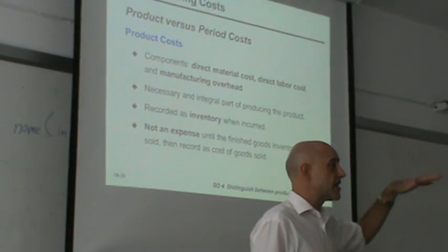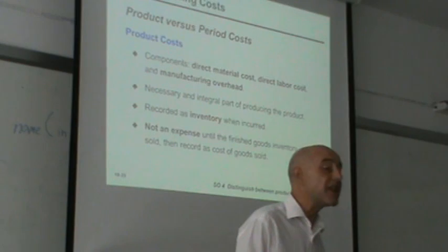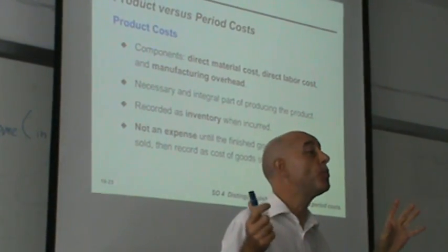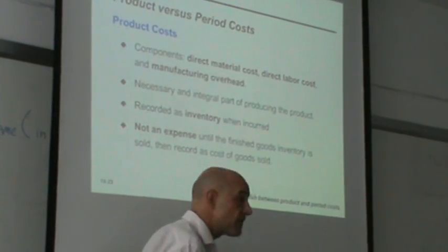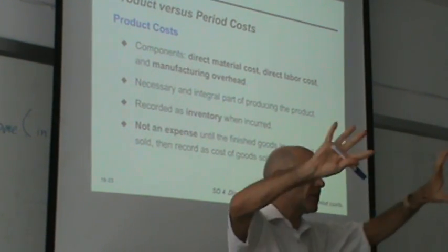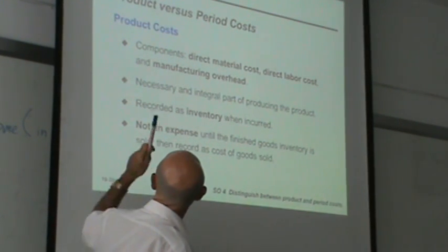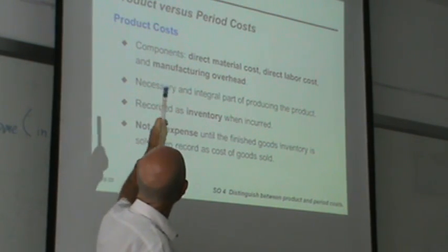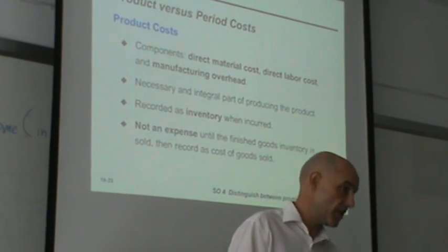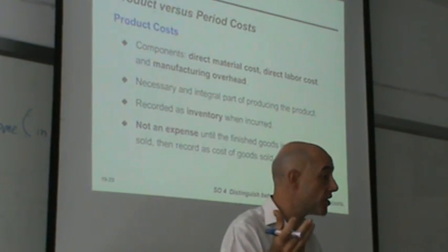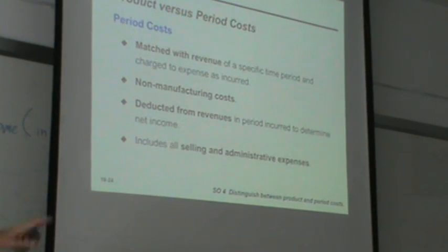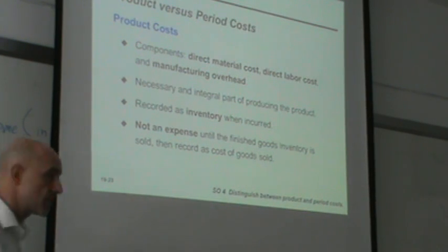So we discussed one piece of classification. Now I have a completely different classification, and that's where the salesperson comes in, a completely different classification between product costs and period costs. Let's see what the product costs are, and in the next one, let's see what the period costs are.